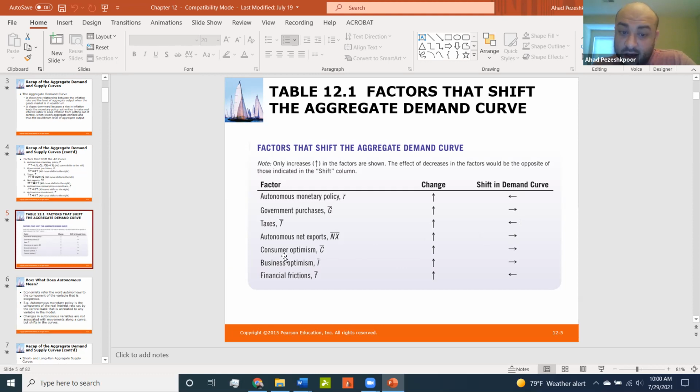So yeah. Consumer optimism, this is a very important thing. You constantly hear it on the news that consumer optimism has increased. Consumer optimism has gone up to 2016 level, for example. When COVID started, consumer optimism was one of the most important indices in economic news, because everybody was worried about how people are consuming.